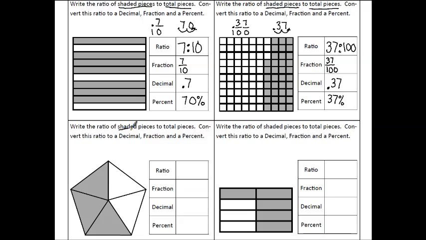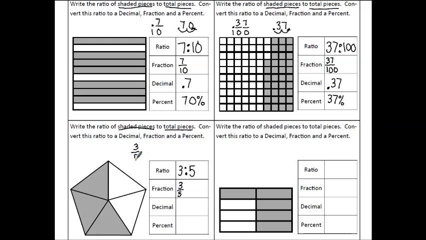Again, we want to write the number of shaded pieces to our total number of pieces. So I see that I have 3 shaded pieces, so that's our first number, compared to the 5 total pieces. So my first number is 3, so that's going to be my numerator, and my second number is 5, so that's my denominator.